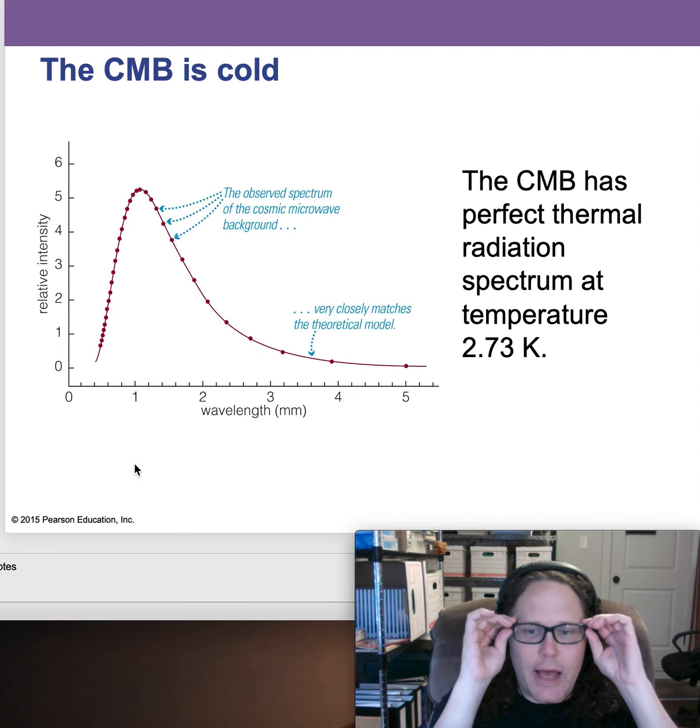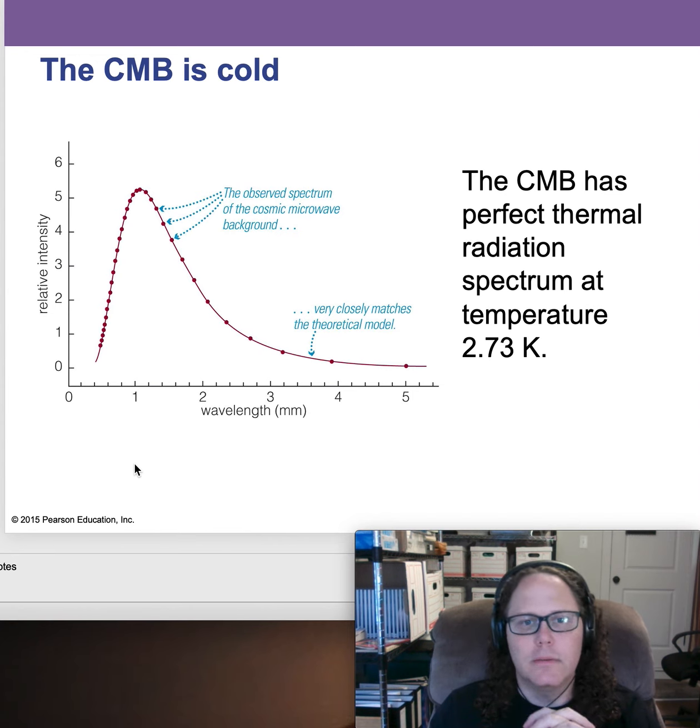Remember, you can tell how hot something is by its brightest color, its brightest wavelength. The cosmic microwave background has a thermal spectrum, so it has a temperature. And that temperature today is about 3 Kelvin, 3 degrees above absolute zero, or like 2.73. What does it mean for radiation to have a temperature?